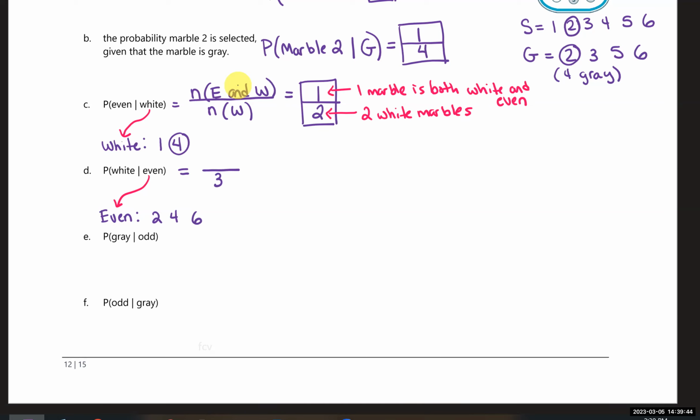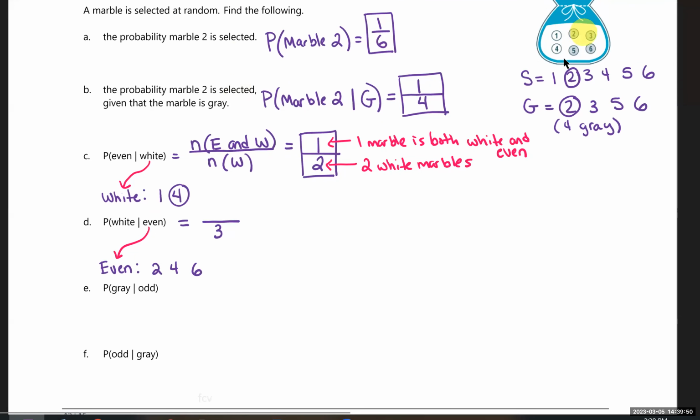So if you only look at those 3 numbers, the probability of getting one that's white out of 2, 4, 6, the only white one is the 4. So 1 is both white and even out of 3 even numbers.